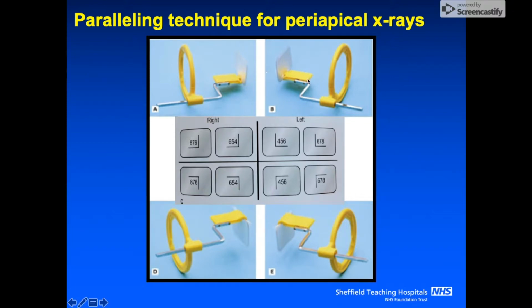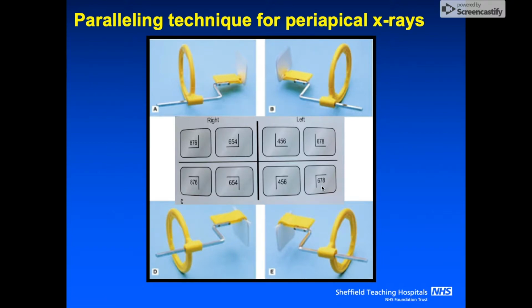If you set the holder like so in figure B, it would image your left maxillary premolars and molars. So it would x-ray your upper left 4, 5, and 6. It would also x-ray your upper left 6, 7, and 8, depending on how you position it in the patient's mouth.